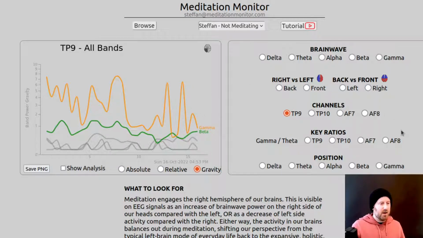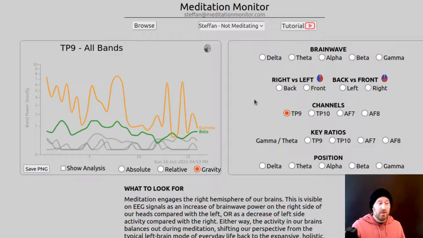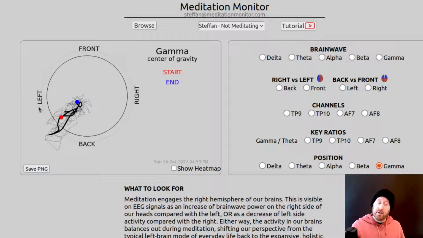Just to make this really clear, let's look at the position charts. You should be able to predict that if it's on TP9 and there's high gamma there and nothing else on any of the other charts, then you would expect gamma to be more weighted on the left side and left back. And sure enough, that's exactly what we see here. I hope it's starting to come together what all these different charts mean and how they tie into each other.